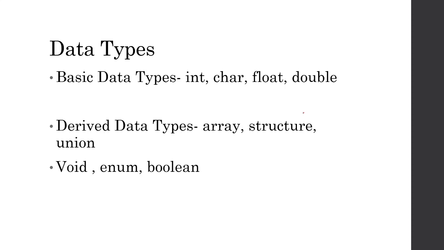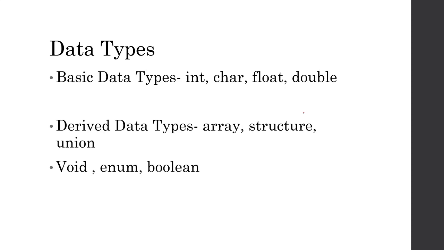So there are basic two categories of data types: basic data types and derived data types. So initially we'll go with the basic data types. So what kind of data we have to handle? That is integers, numbers we have to handle. We may have to handle the alphabets, characters.